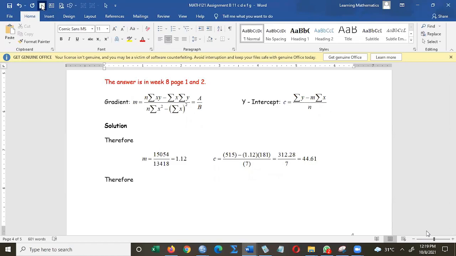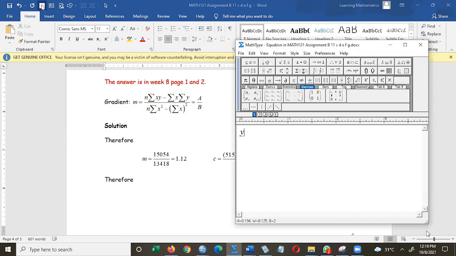We are familiar with y is equal to mx plus c, a very popular form of a linear equation. Now the two variables will always be there. M is a number, c is a number, and c is 44.61.